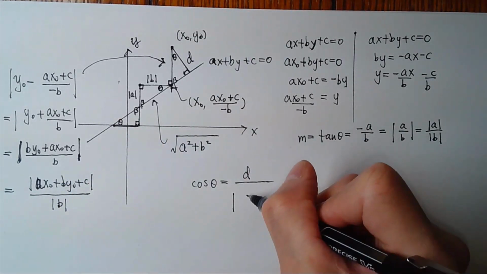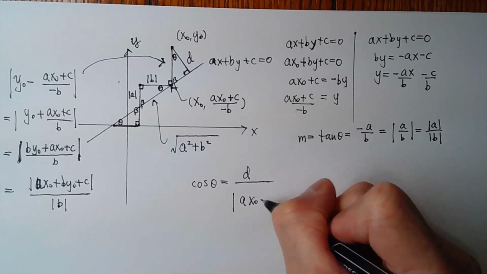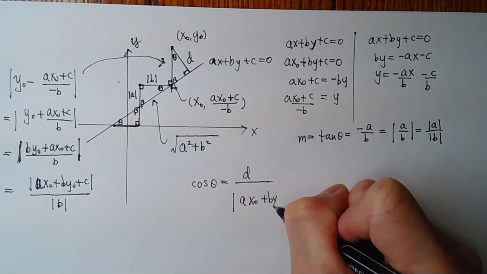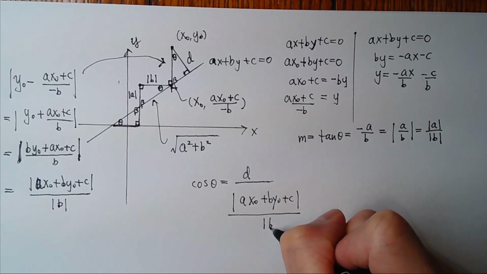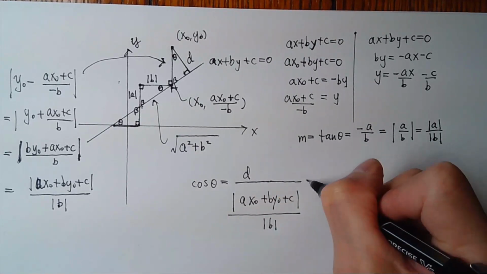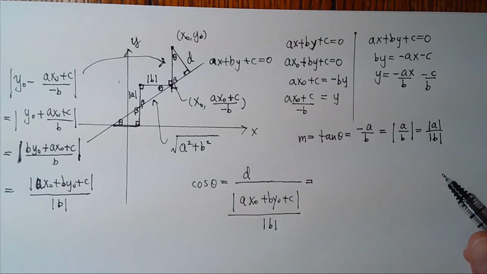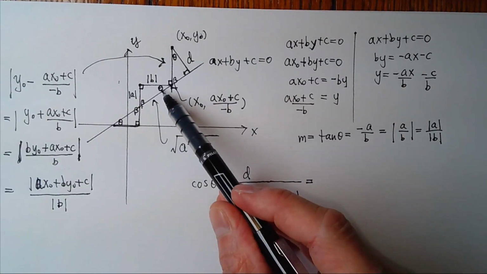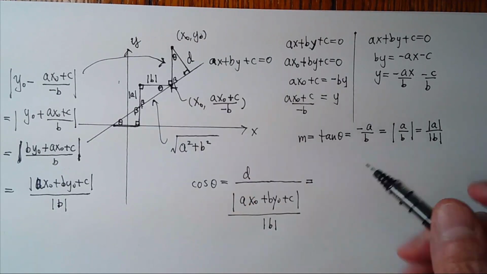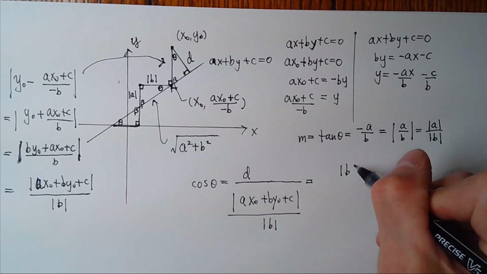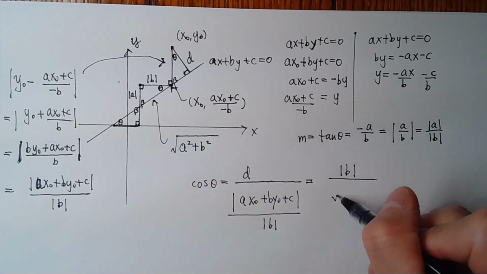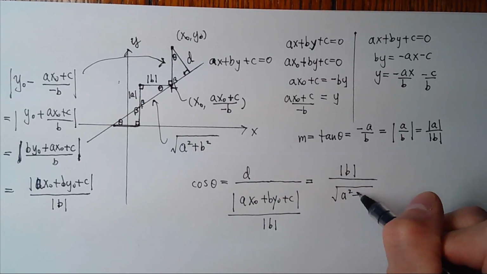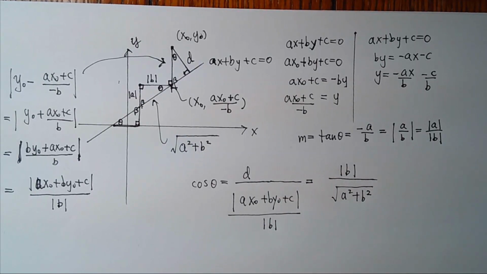So I have the absolute value of (A x0 plus B y0 plus C), and everything divided by the absolute value of B. And the cosine of the angle theta in this triangle is the absolute value of B divided by the hypotenuse, which is the square root of A squared plus B squared. All right.